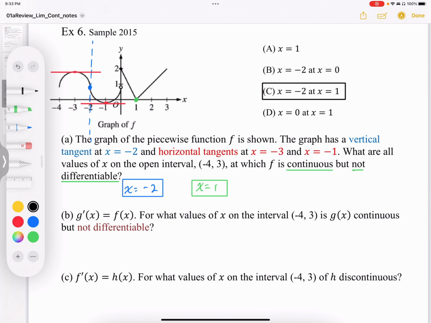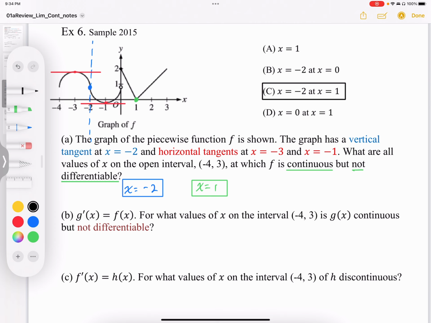So the function g is not differentiable at that point, but it is continuous for all the other points.